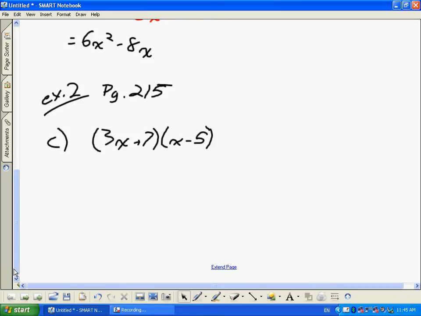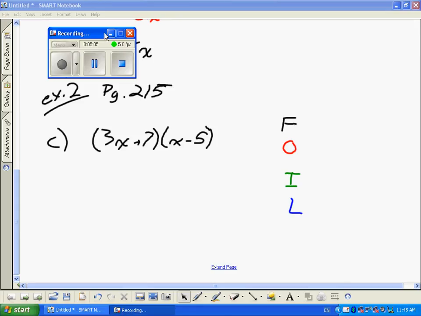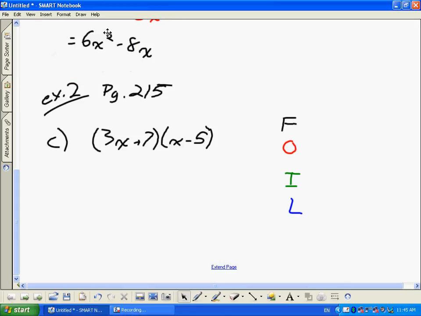This is distributive property again. The reason I asked you if you learned FOIL is because it's a way to help organize this. Okay? FOIL. So we have BEDMAS, you need to know, and you need to know it's called FOIL. Make sure you get this down, what FOIL is. So, F stands for first.